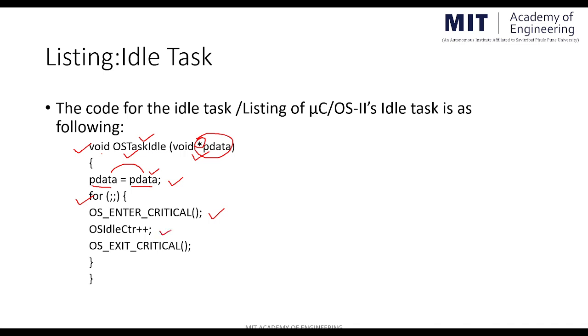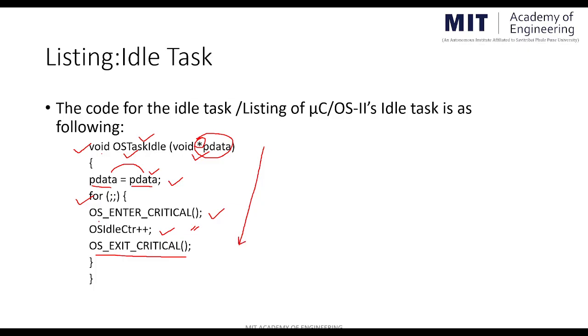Again, the actual task instruction is OS task CTR plus plus, meaning this idle task is just incrementing the counter. And after incrementing, the OS exit critical function is called, because when we are coming out of the task, we have to enable all the interrupts again. So this is the listing of the idle task. This is very simple.